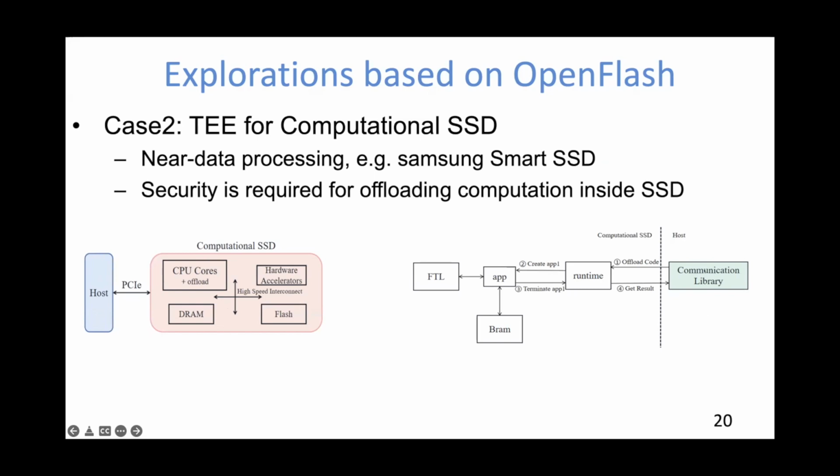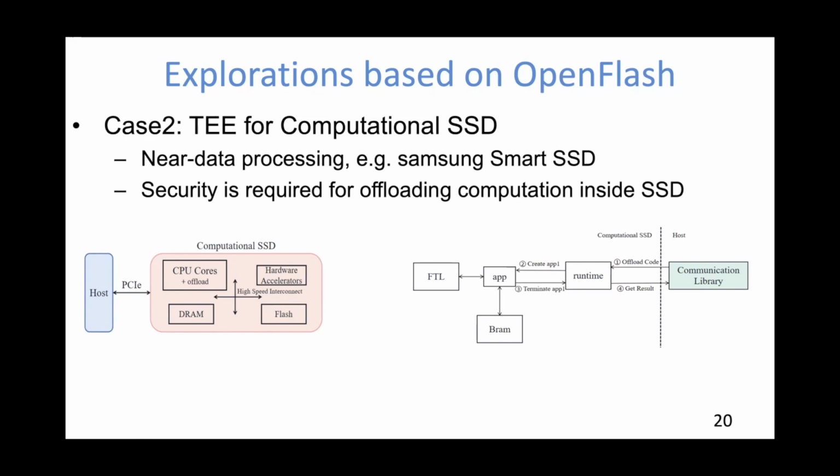The library on the host side can send the offloaded program code into the SSD, and the SSD internal runtime runs the offloaded code on CPU cores. After calculating the result inside the SSD, the runtime only needs to return the final result to the host side without transferring the data. This can save communication cost between host and SSD.